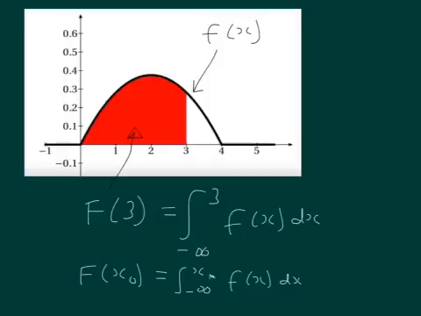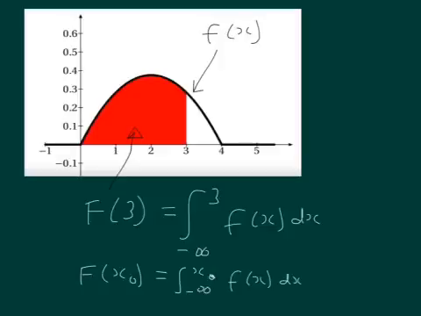So x naught is the limit at this point here, and the equation of the line, the bit we're integrating, is f of x, so that's why we're integrating that. So you can see it's important to distinguish between the x here, which is the variable for this function, and the x here, which is this limit in this case, so that's why we've got this x naught business.